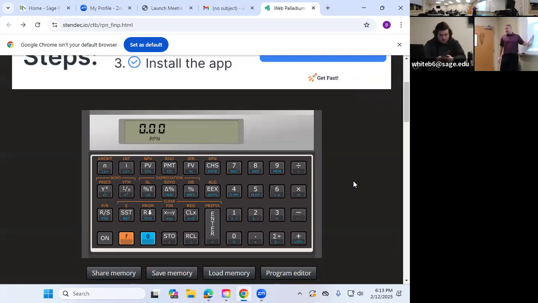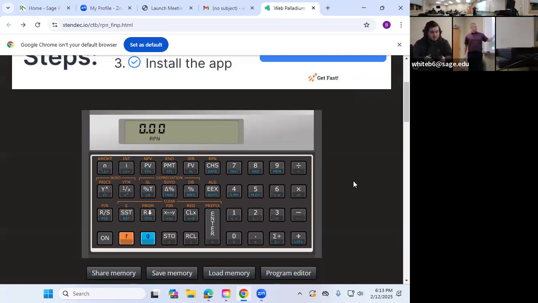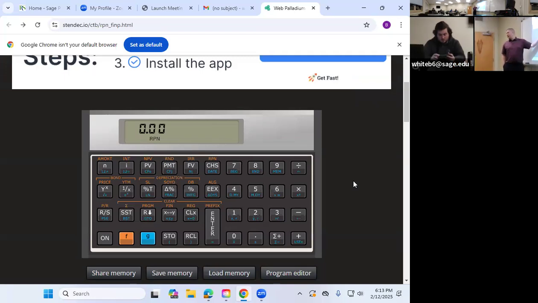Any questions so far? Up here, this is what we'll spit out. RPN. I had the acronym stuck in my head earlier, but it means this is a financial calculator. I forget what actually the full acronym is, if somebody wants to look it up, but it's a scientific equation for the financial calculator.